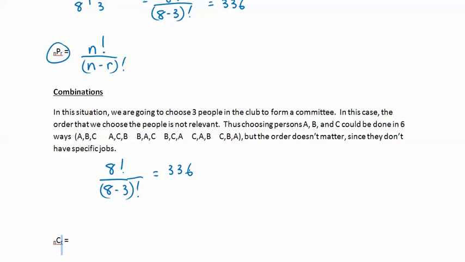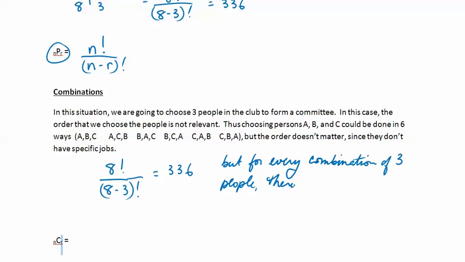But for every given combination or set of 3 people, there are 6 permutations. So I'll repeat that. For every combination of 3 people, there are 6 permutations, or different ways of getting those 3 people.